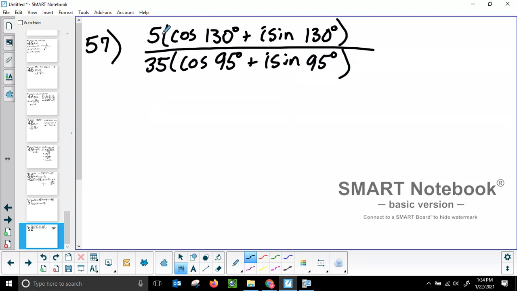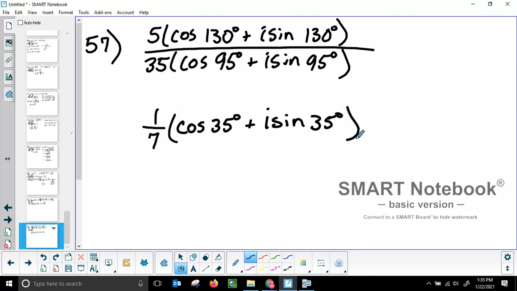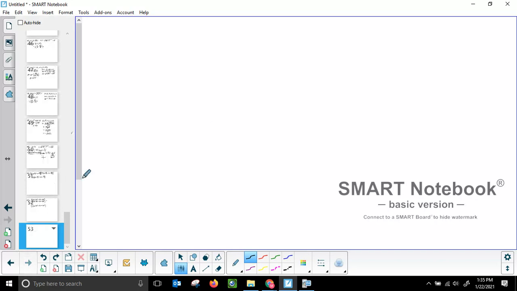Well, when we divide the r's, 5 over 35 reduces to 1/7, and then we subtract our thetas. So 130 minus 95 is 35. That's it. We're done.